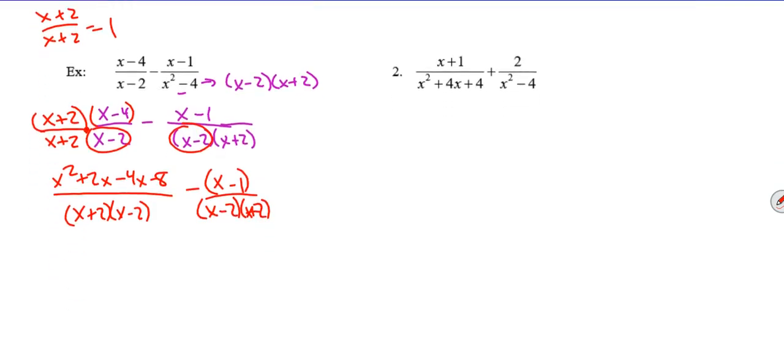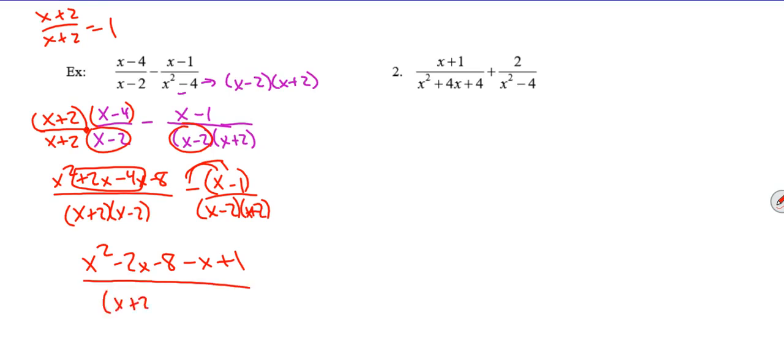So let's simplify all this. I can put it under one numerator now. x squared minus 2x minus 8 minus x plus 1, because I'm distributing my negative there and combining these two terms. All that's over x plus 2, x minus 2.